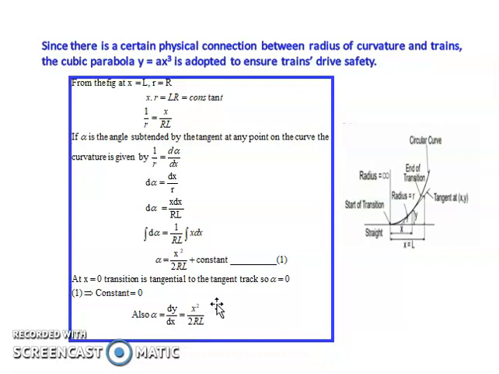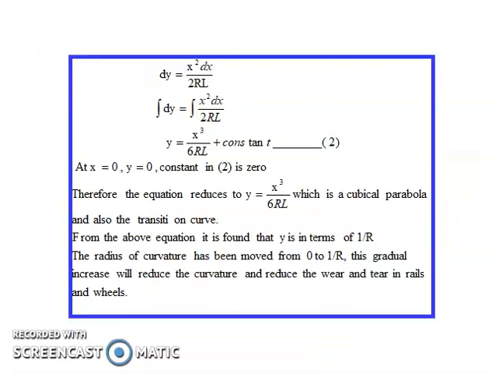So we have dy by dx is equal to x squared by 2RL. Again, by using simple integration, we can evaluate y as x cubed by 6RL plus a constant. Again, by using the initial conditions, the constant becomes 0. Thereby, the equation of the cubical parabola is y is equal to x cubed by 6 into capital R into L, where R is the radius of curvature.